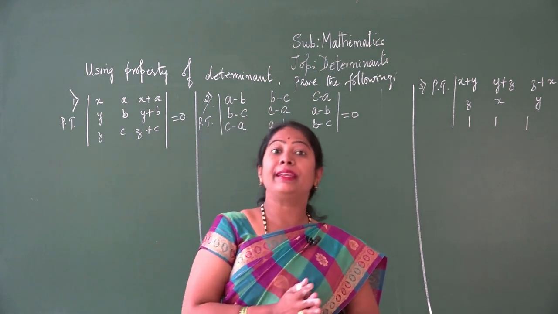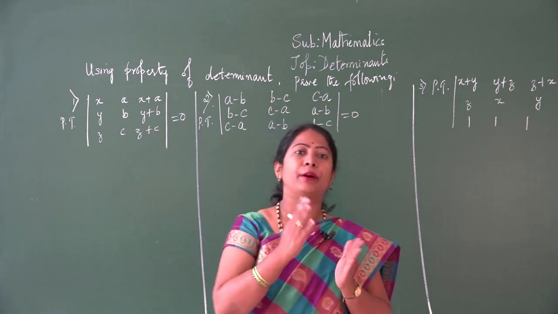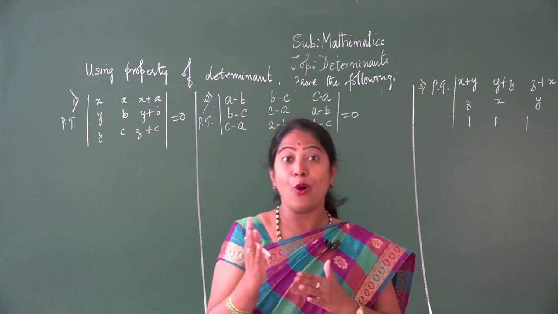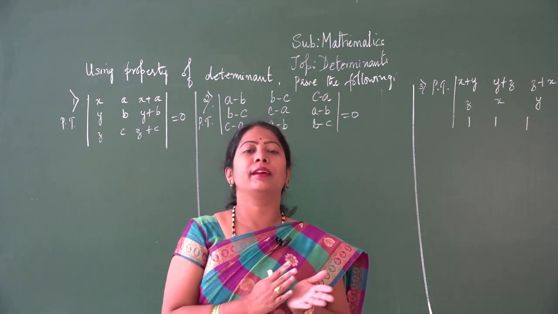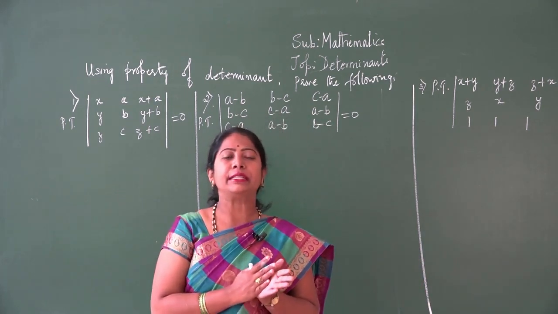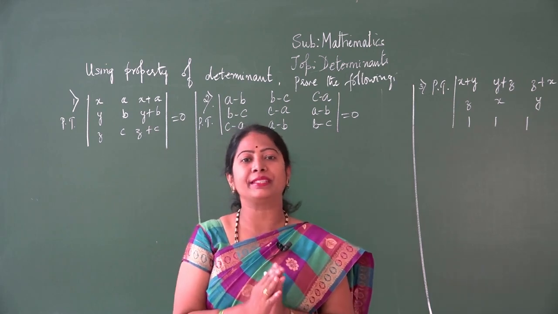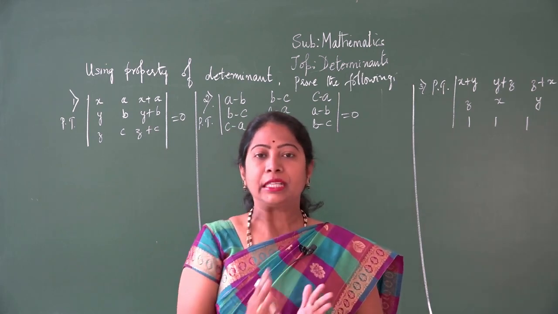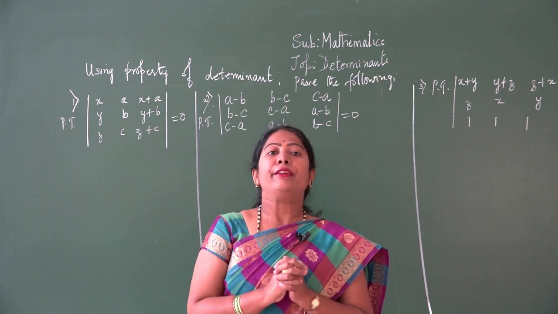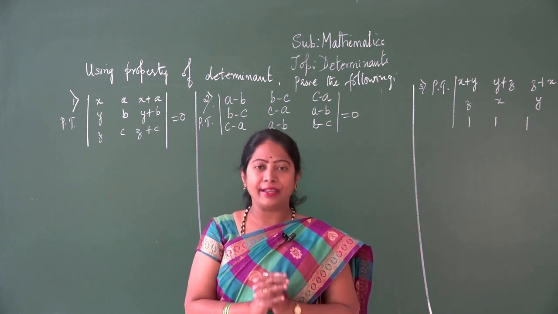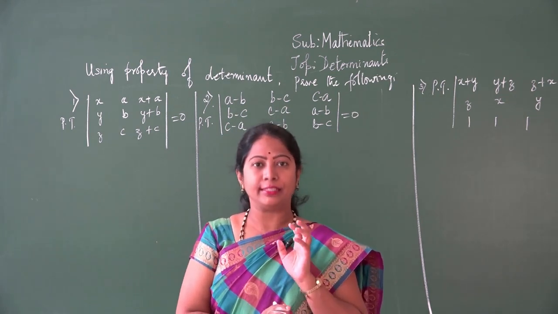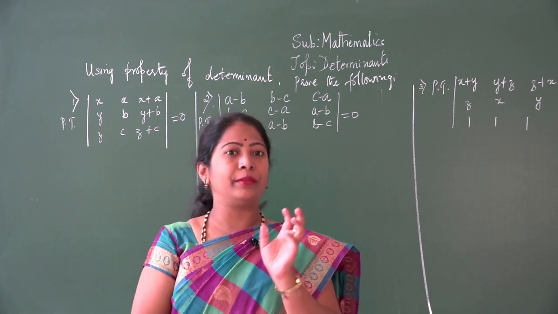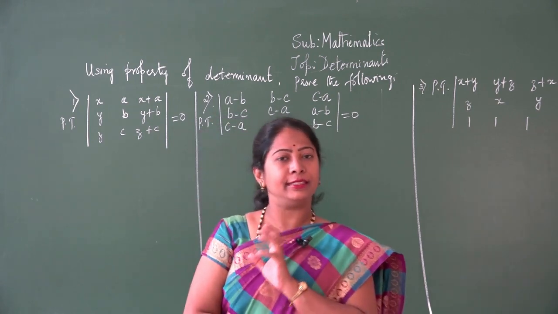The next property, if the elements above the principal diagonal are 0 or below the principal diagonal are 0, then the value of the determinant is equal to the product of the principal diagonal elements. Next property, if you multiply any row or any column by a constant k, then the value of the determinant is multiplied by the constant k.